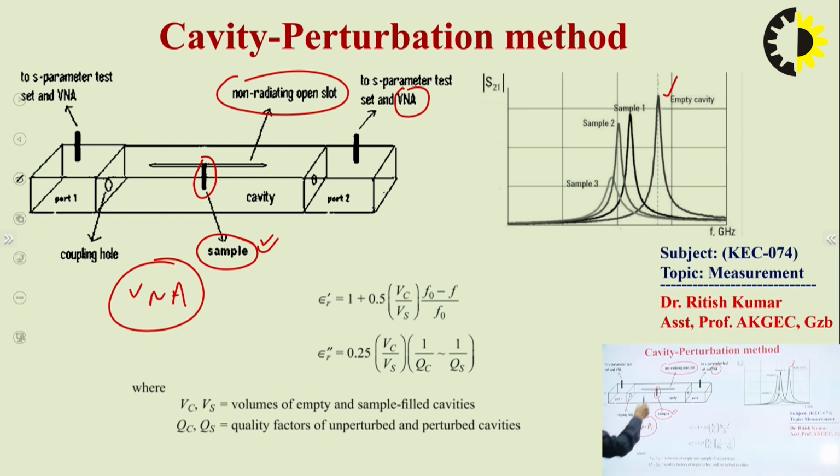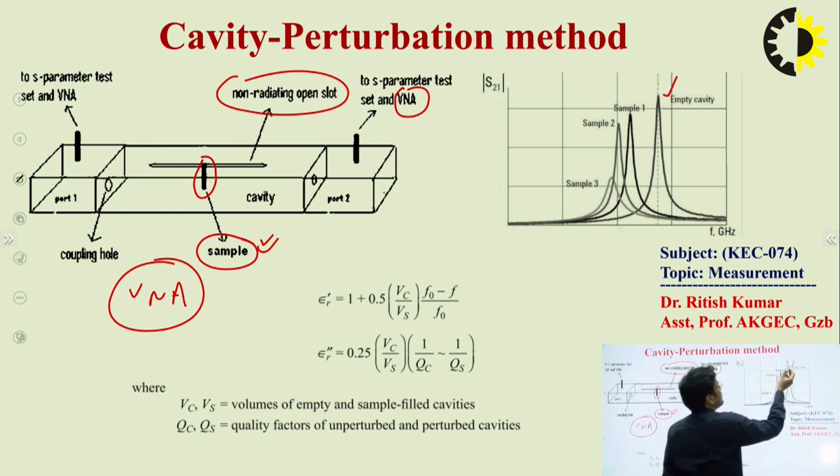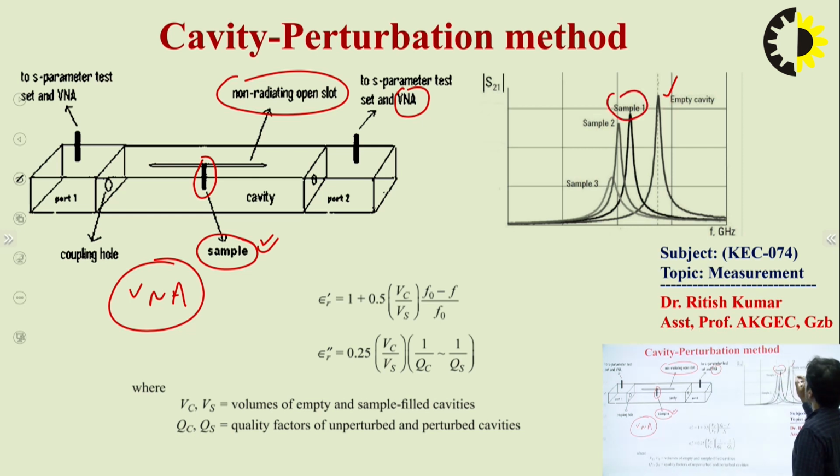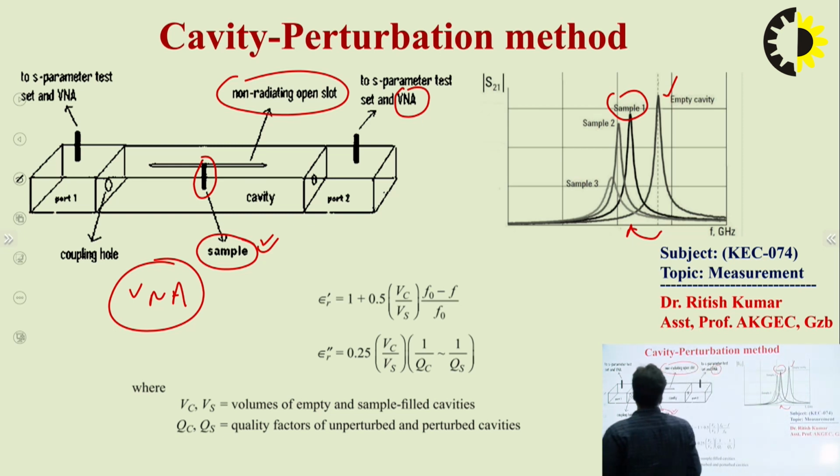After filling, you need to take the value of S21 again. Here you can see this is sample 1 and the resonating frequency shifts from this to this, right? You need to take the difference of the resonating frequency without the sample and with the sample.